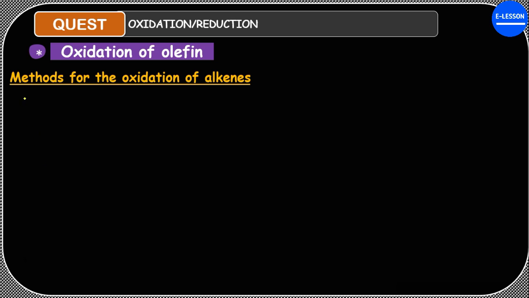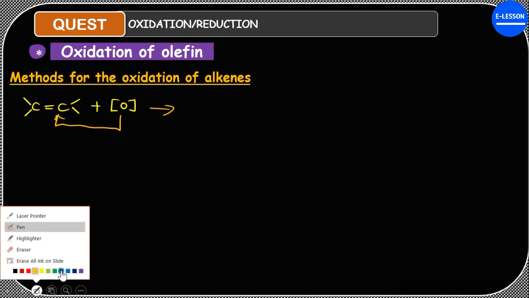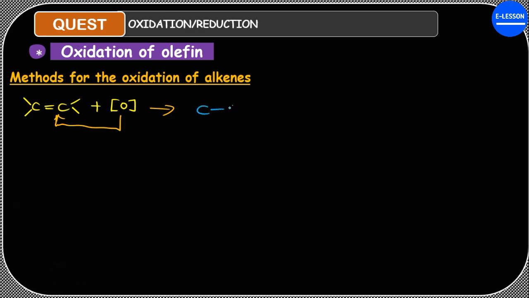All alkenes have a double bond, so oxidation of an alkene is one method of introducing an oxygen into the double bond, to form a carbon-oxygen bond, which can either be in the form of a carbonyl group or a carboxylic acid.